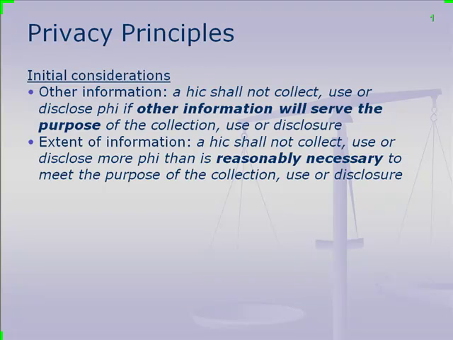If you've thought about the first consideration and come to the conclusion that the purpose necessitates the disclosure of identifiable information, then you come to the second question and say, okay, but how much is really reasonably necessary for the particular purpose?